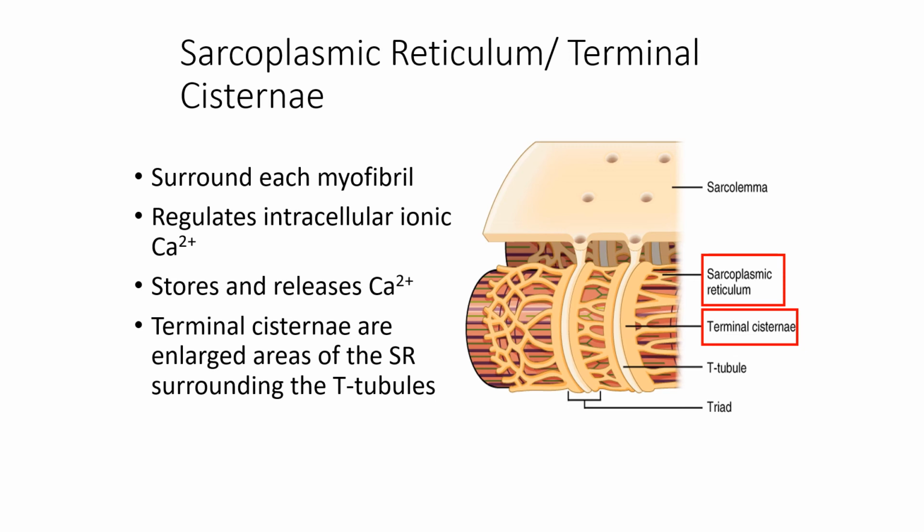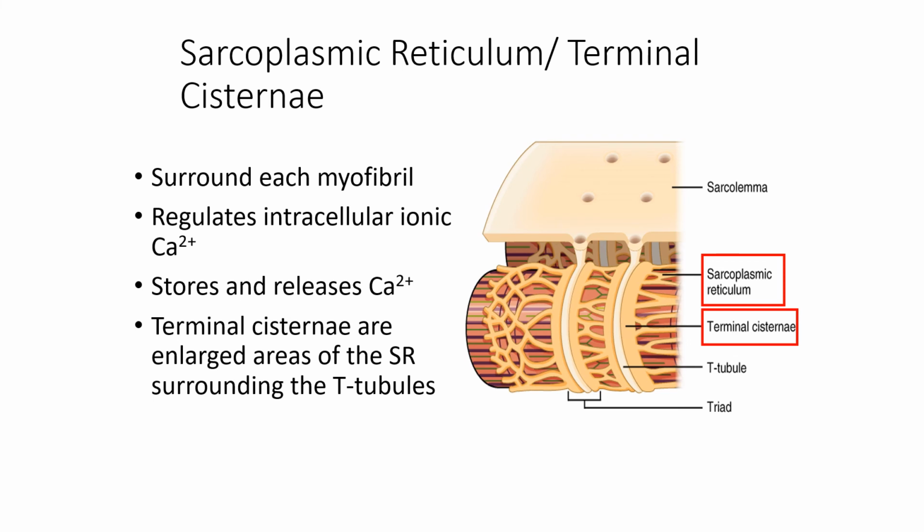The paired terminal cisterna form perpendicular cross channels. They are enlarged areas of the sarcoplasmic reticulum, and they surround the transverse or the T-tubules. These discrete regions store additional calcium, thereby increasing the capacity of the sarcoplasmic reticulum to release the calcium.